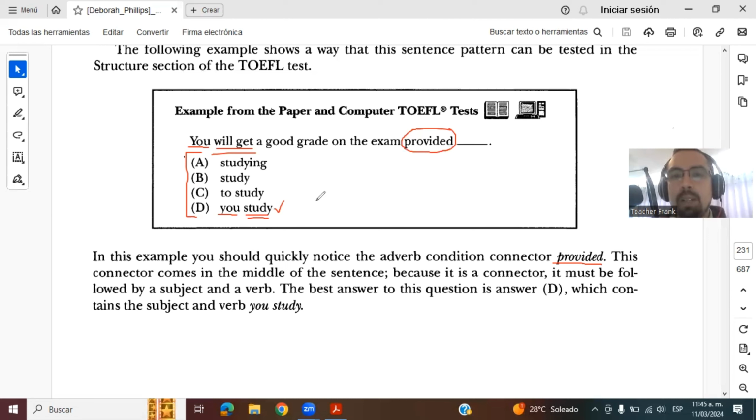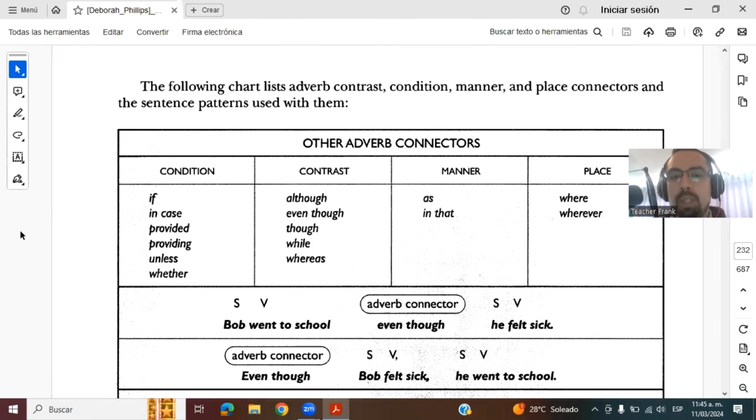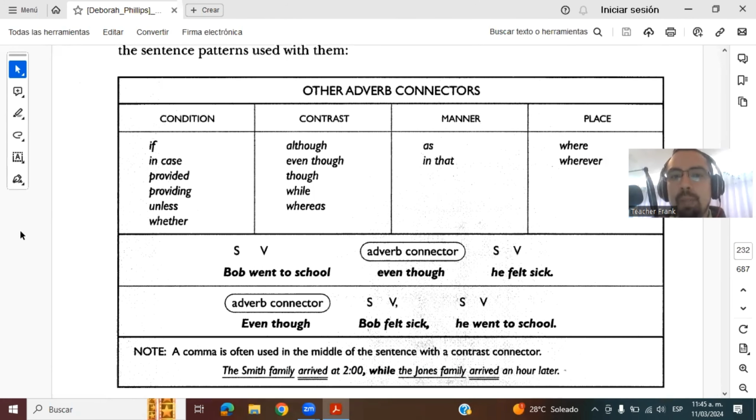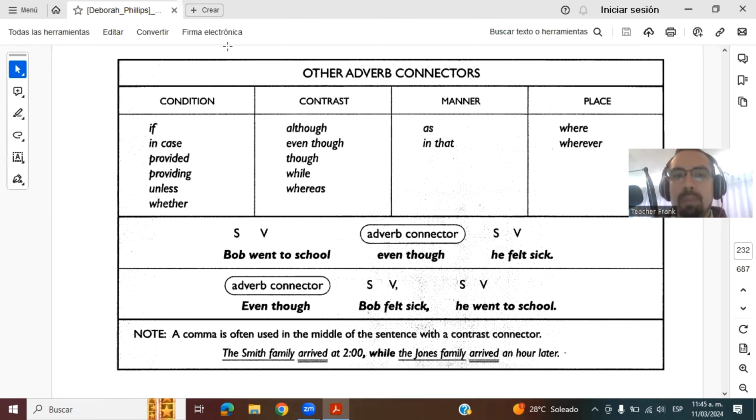So let's look at the vocabulary of the connectors, because I think this is going to be the most important part, right? We have, for example, for condition, if, in case, provided, providing, unless, whether. For contrast, for example, we have although, even though, while, whereas. Here, for example, although, even though, and though are basically the same thing, right?